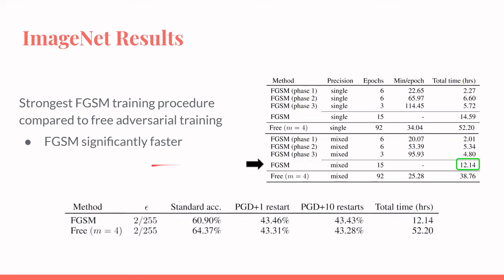Now they compare this FGSM model with the free training model with an epsilon of 2/255, against standard accuracy and then different PGD attacks. Here we can see that against different attacks they performed fairly similarly, but it is interesting to note that free training performs better in terms of standard accuracy.